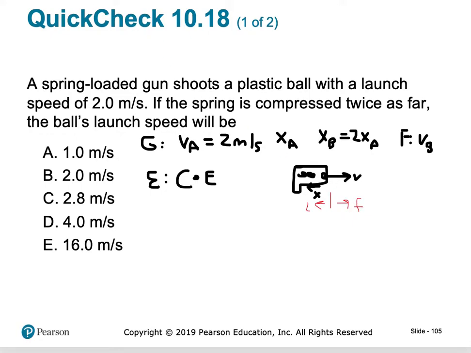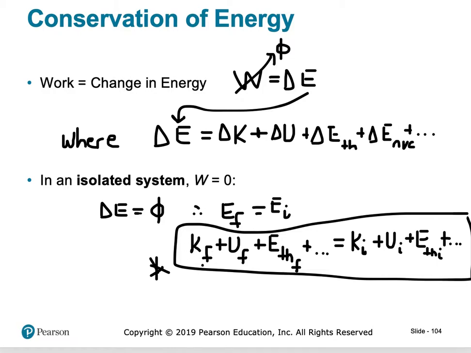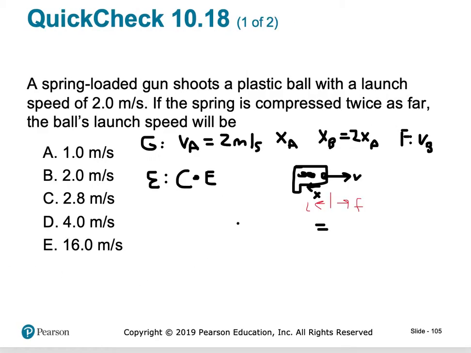We have a conservation of energy, so we want to know what's all the energies in our total energy in the initial case. Well, is there any kinetic energy? Is there any potential energy? Is there any thermal energy in the initial case? And the answer is yes.